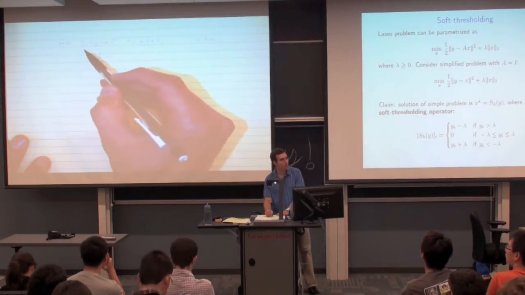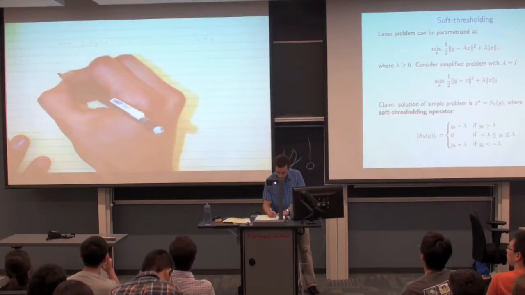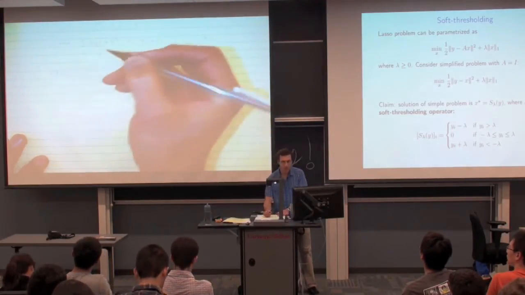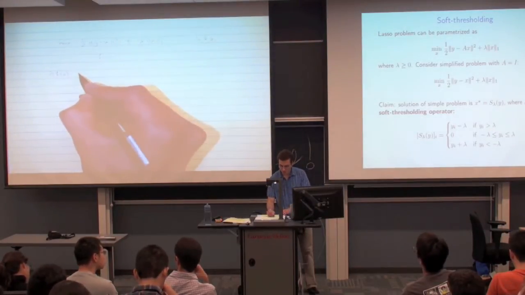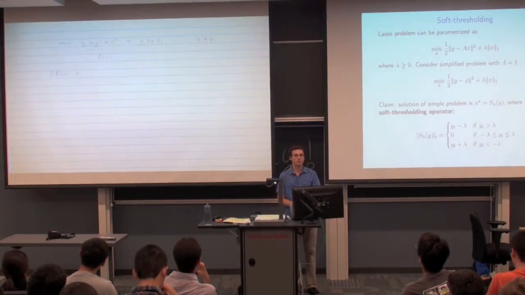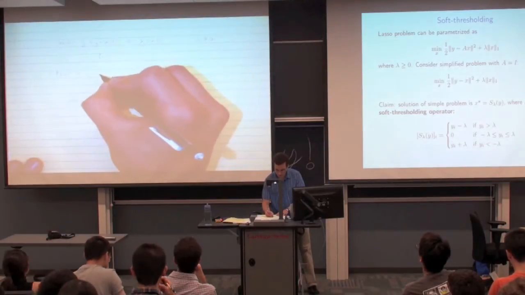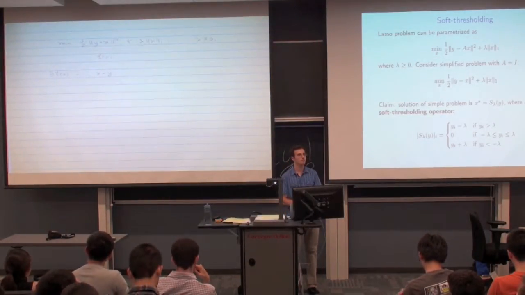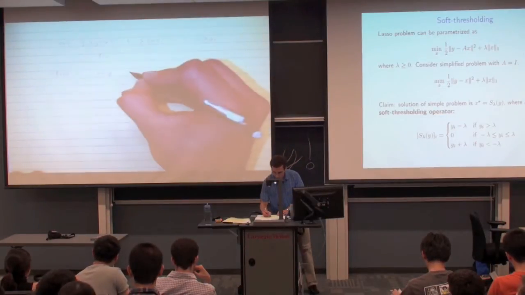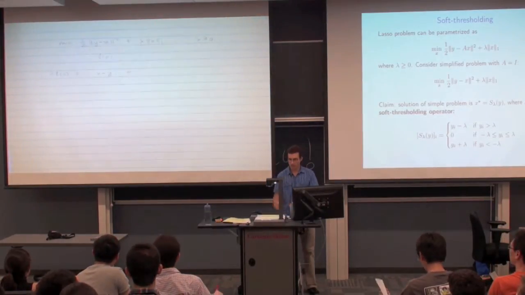So remember, subgradients are additive, so I can look at the subgradients of either part and add them up. The first part is differentiable, so its gradient, in this case, is just x minus y. Plus, what are the subgradients of this?